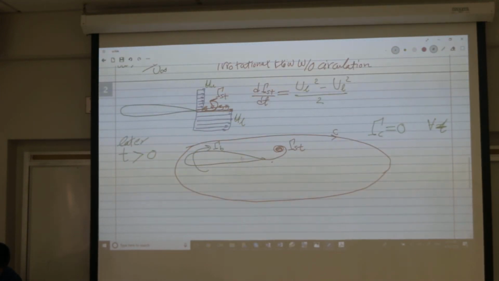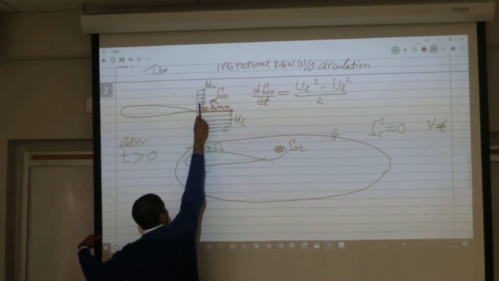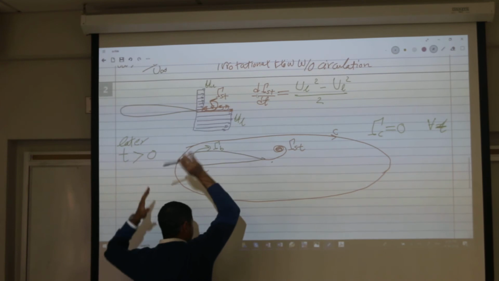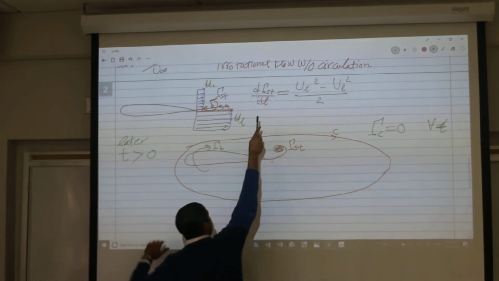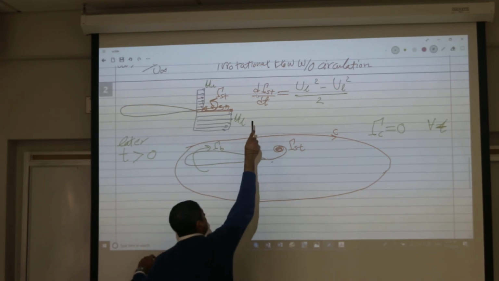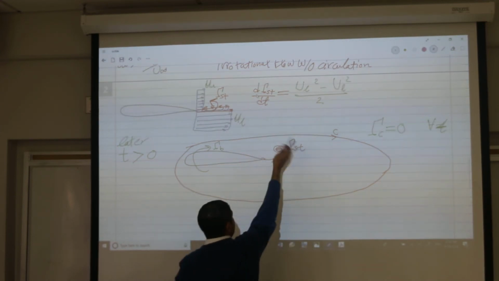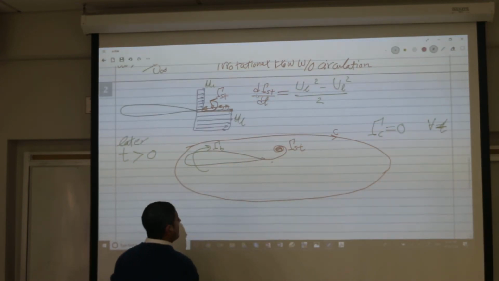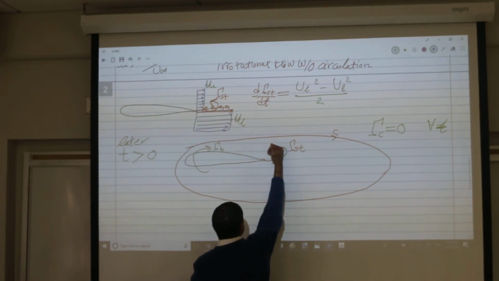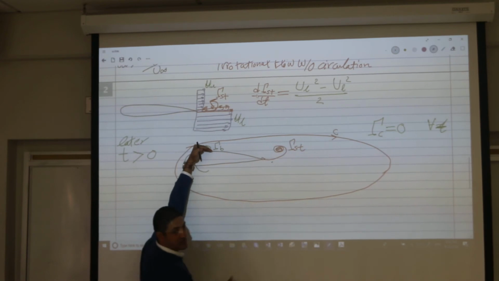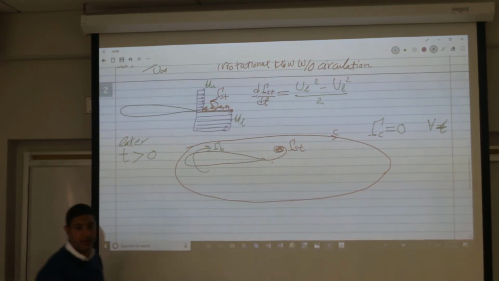Okay, so at the beginning, the difference in velocities is very large. I have a very large rate of generation of circulation here, but how much this is generated exactly dictates how much the other is generated. Okay? They balance each other.